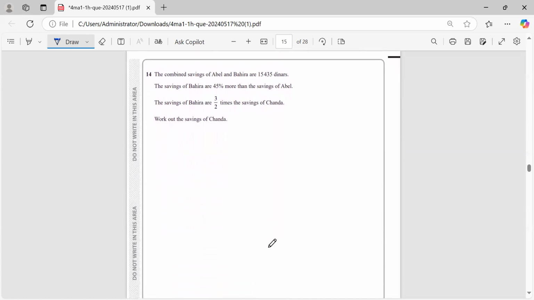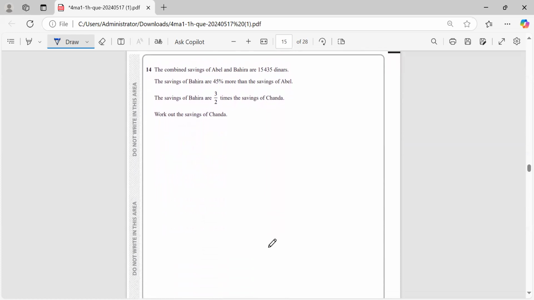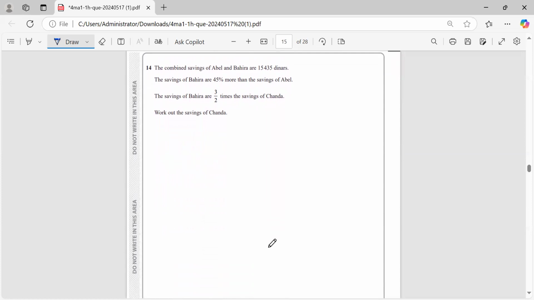Question number 14. All right, question number 14 says the combined savings of Abel and Bahira are 15,435 dinars, right? The savings of Bahira are 45% more than the savings of Abel. The savings of Bahira are 3/2 times the savings of Chanda, right?